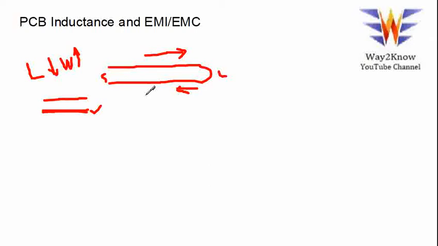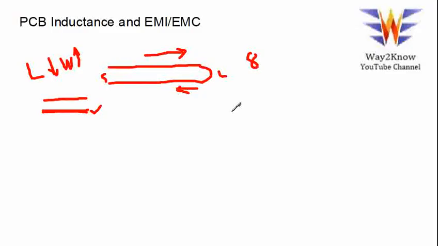So here there are several scenarios. If you have, for example, an 8-layer PCB or a 4-layer PCB, in these scenarios we know that all these will have multiple layers, and you can have a continuous ground plane, right?